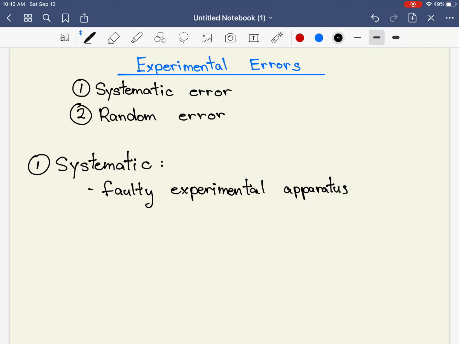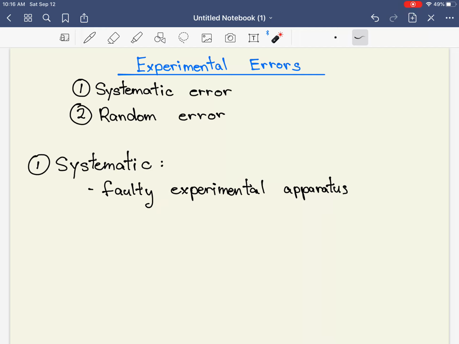When you want to measure the volume of something, you should use a graduated cylinder. But what if this graduated cylinder is chipped on the inside? Well, the accuracy of this graduated cylinder is going to be off, isn't it? So that's what we meant by faulty experimental apparatus.